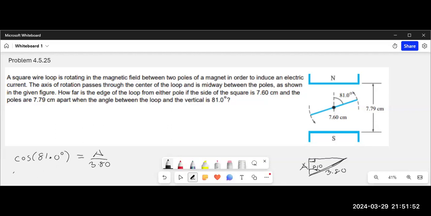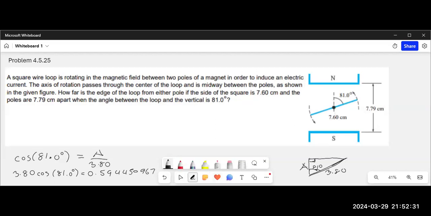We're going to solve for A by saying 3.80 cosine of 81.0 degrees. It's going to be 0.594450967.